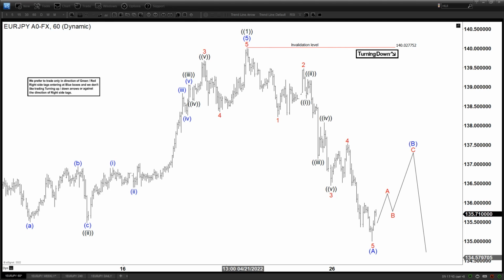So for today, we are looking at the chart of Euro Yen, 60 minutes chart here. Now I know that probably some of you do not trade Euro Yen or do not trade Forex and only trade the stocks.